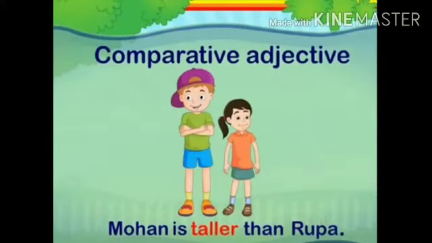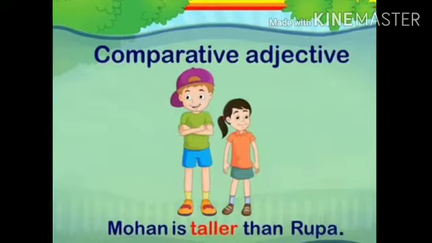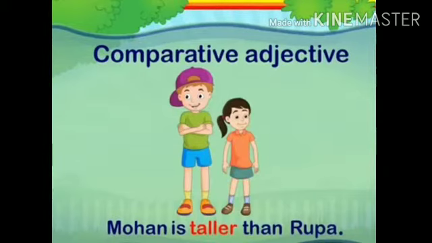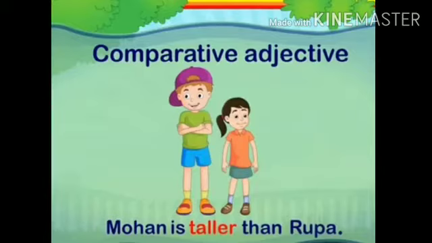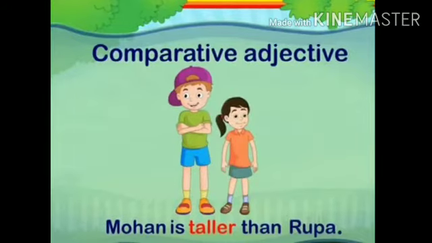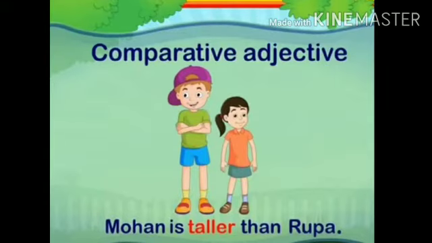Now have a look at this example. Mohan is taller than Rupa. Mohan is a boy, and yes, we can see he is taller than Rupa. So here what do you see? The comparison between two children, a boy and a girl. And we have used the comparative degree. What? Taller. So what is taller? Comparative degree.